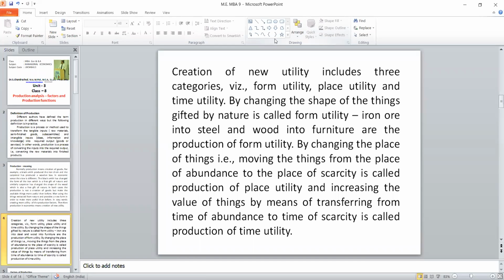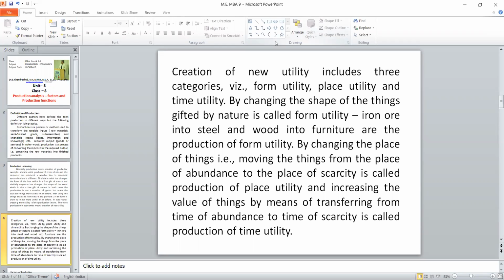Moving from one place to a required place is also production, but it is called place utility. That is transferring the goods from a place of abundance to a place of scarcity. Then it is called place utility. This is also called production in the economic sense. The third one is time utility.